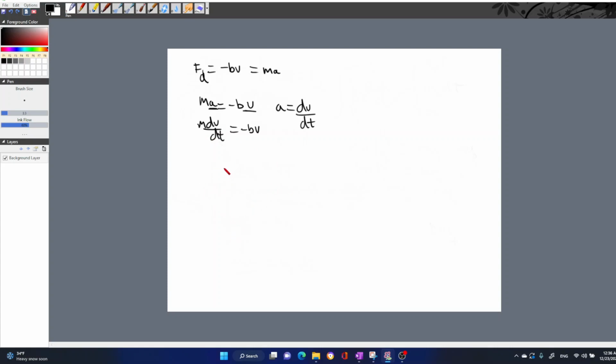So what we're trying to do is, let's see here. Let's move the dt's over to the other side. So just m dv. Hang on, I got mixed up for a second.